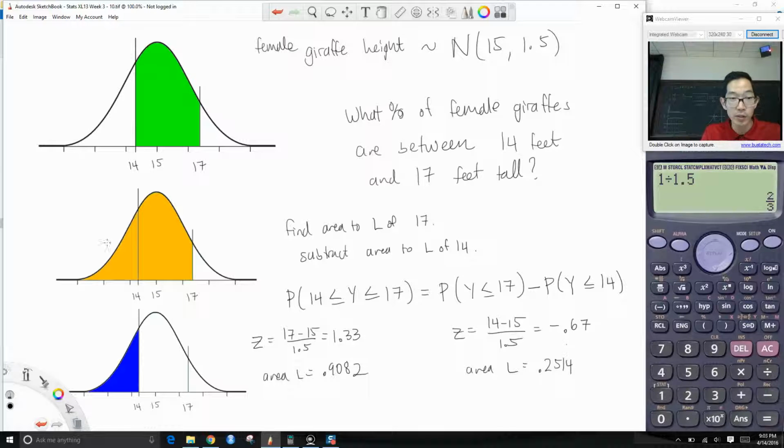Okay, so our picture here is this is 0.9082. This here is 0.2514. And so the area in between will be equal to 0.9082 minus 0.2514.